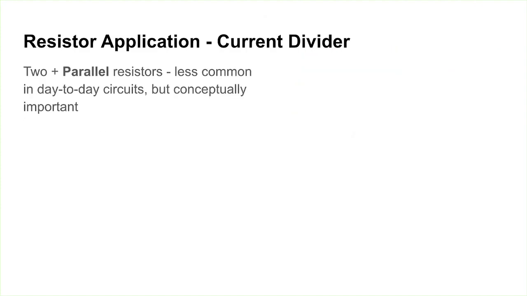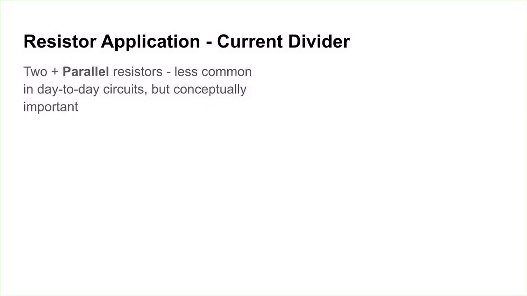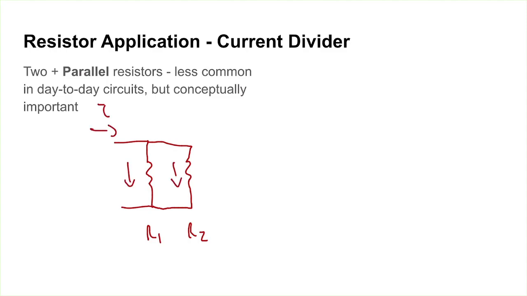Next is the current divider. So we touched on this. You don't see it as much, but conceptually, what's happening here is that we have two or more parallel resistors, and by tuning the values of R1 and R2, we can dictate the ratio of current split, I1 and I2.